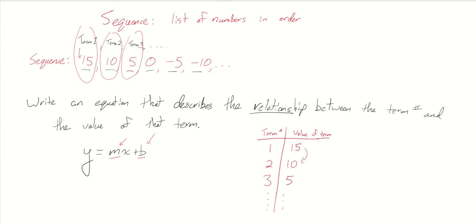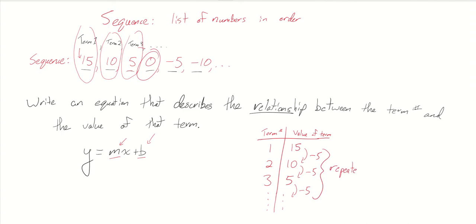Now to get to each new output value, you could call it each new y value, or to get to each new value in your list, it looks like we have to subtract 5. So what are we repeatedly adding?